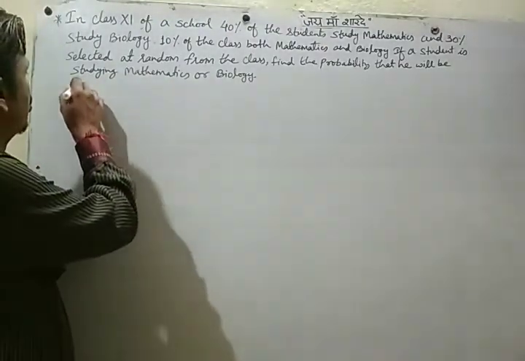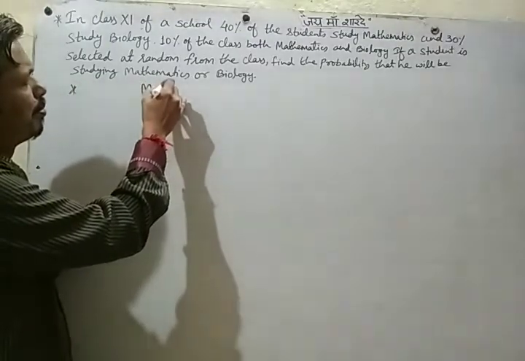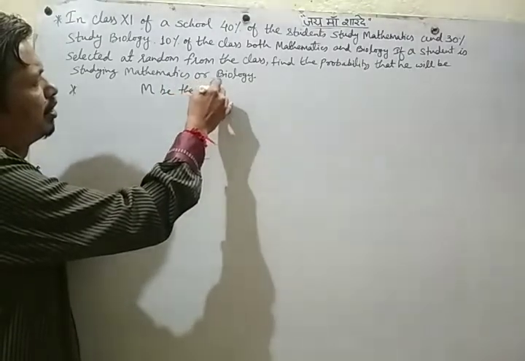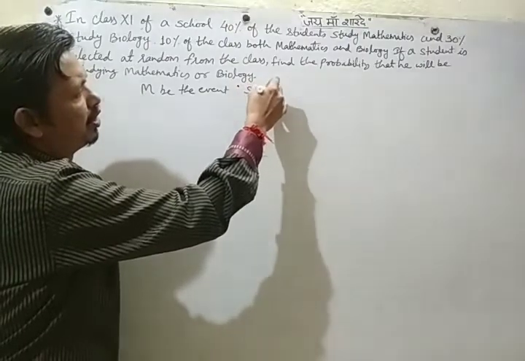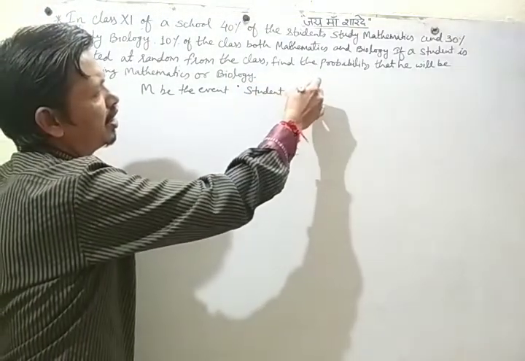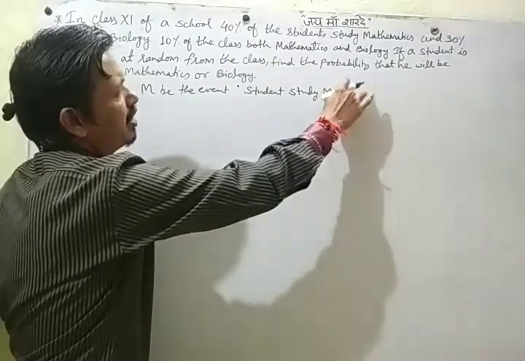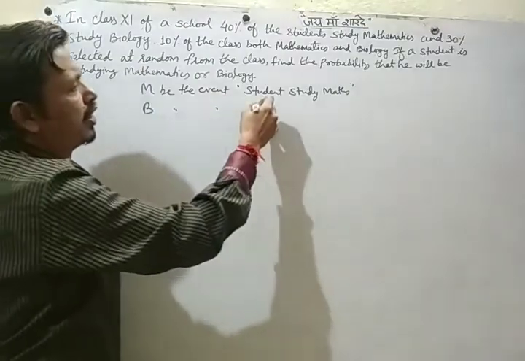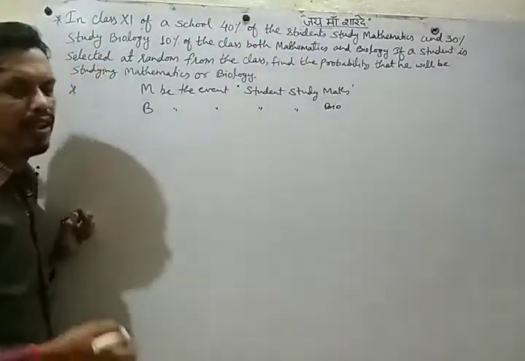Okay? Suppose we assume M be the event that the student studies mathematics. This is our event M, and B be the event that the student studies biology. Okay?